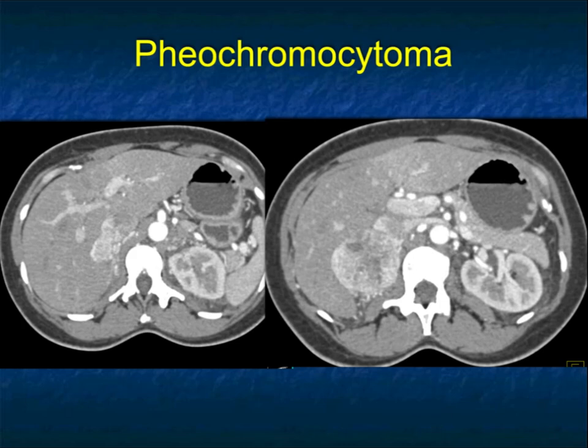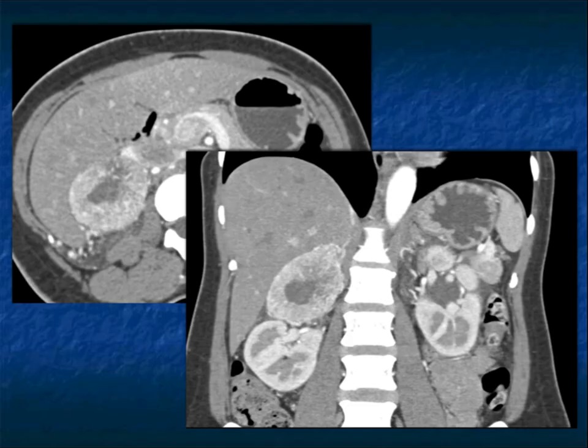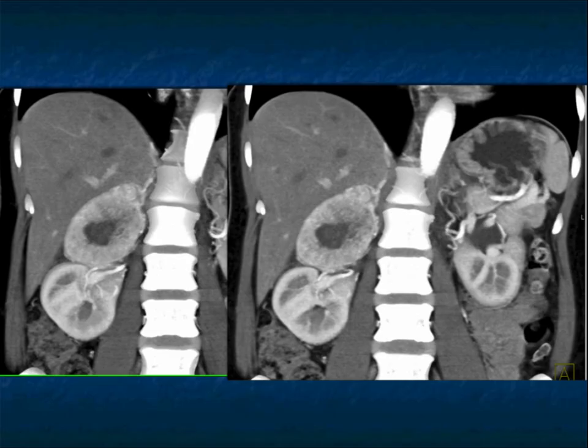Another example, large right adrenal lesion, hypervascular, best bet, pheochromocytoma. Very much looking like the last case. So if I see a lesion like this, hypervascular central cystic component, I'm thinking about pheochromocytoma. And that works out very, very nicely.